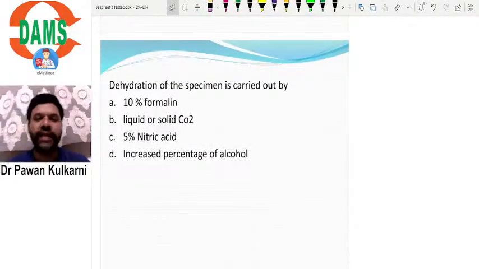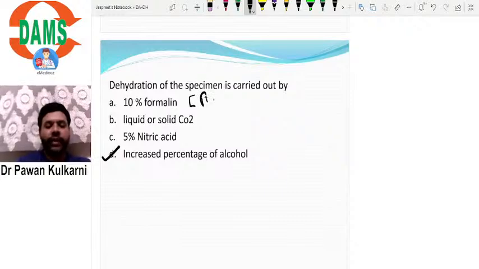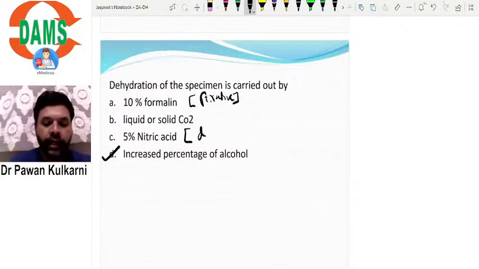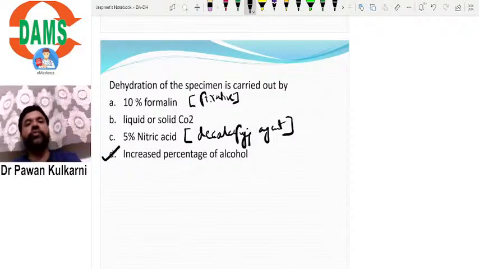Coming to the last question for today's session: dehydration of the specimen is carried out by... We know that during tissue processing, we use alcohol, that too ascending grades of alcohol. So that is the dehydrating agent. 10% formalin is a fixative. Nitric acid 5% is a decalcifying agent. And liquid nitrogen we use for the cryostat, for frozen sections.